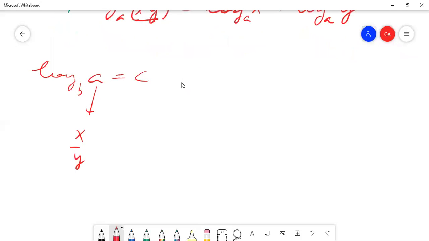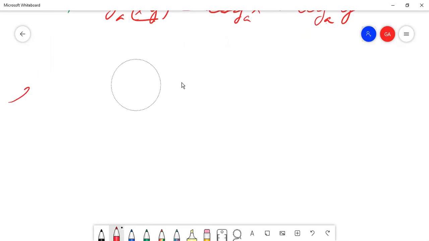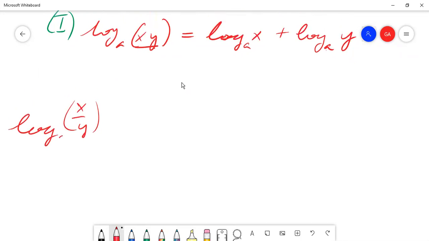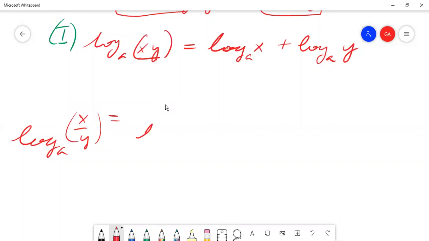Well then it would be nice if I could find some way to express a generic log of a quotient. I'm not even going to go through this for you because it's the same thing as property 1. Just realize I can write x divided by y as x times y to the negative 1, and then I can apply property 1.